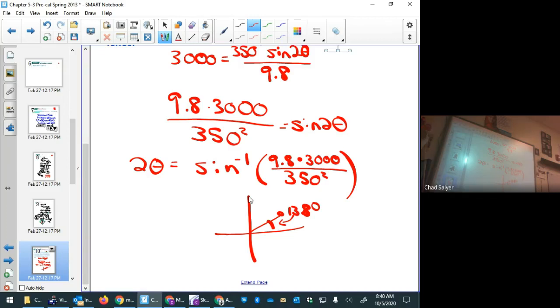So there's another place over here in Q2 where it's also going to be true, and it's going to be analogous to this one we found down here in Q4, but we can't use Q4 because we're not talking about negative angles. So we need to find the symmetric point in quadrant 2. That's going to be 180 minus 13.8.